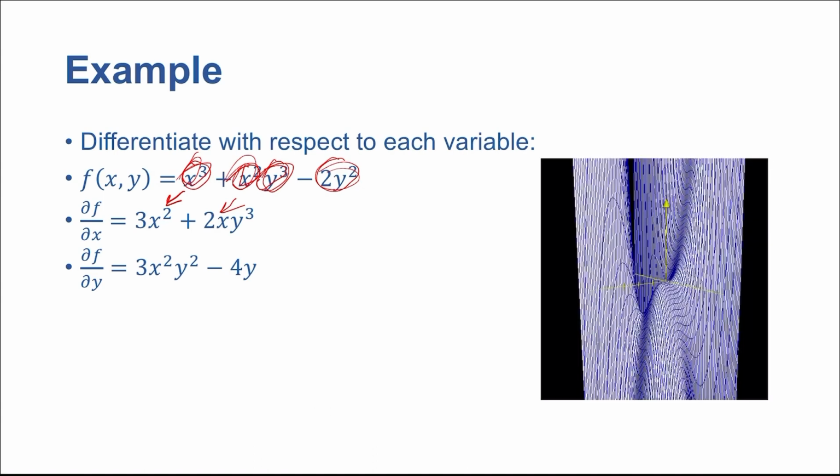Now we can kind of see what we did here. So if I take this function, which is the function that we're dealing with, what I said earlier was that taking a partial derivative is like taking a derivative of a cross-section. So let's say I wanted to find the partial derivative with respect to x. Let's say I wanted to find f sub x at 1, 2 or something.